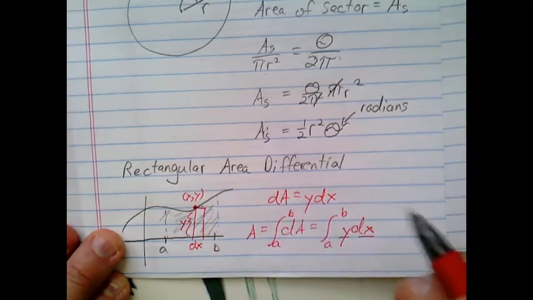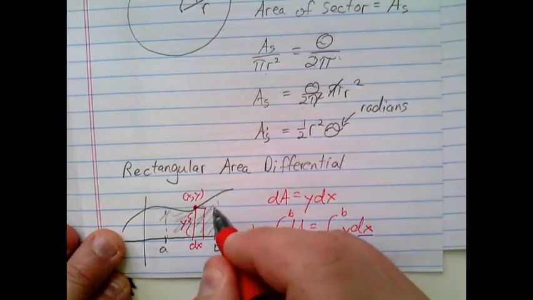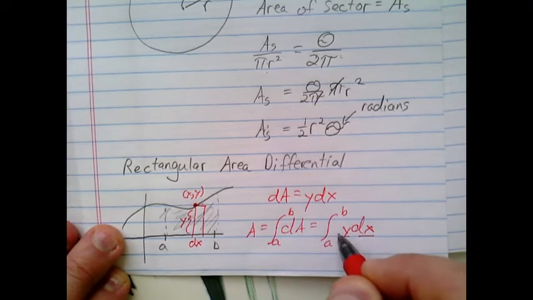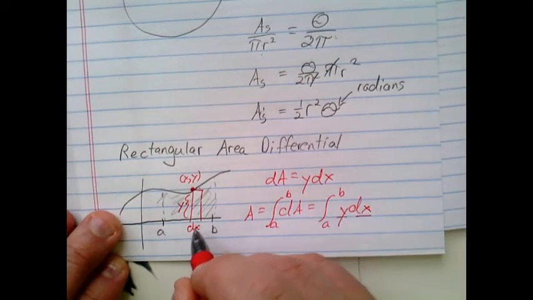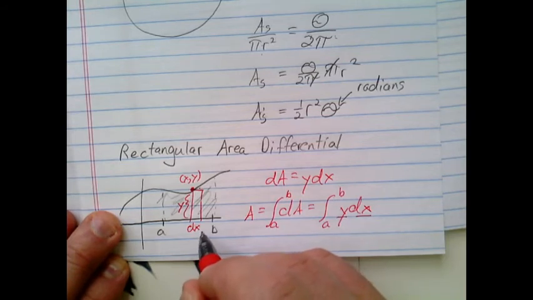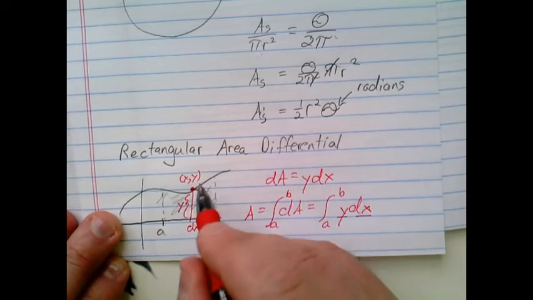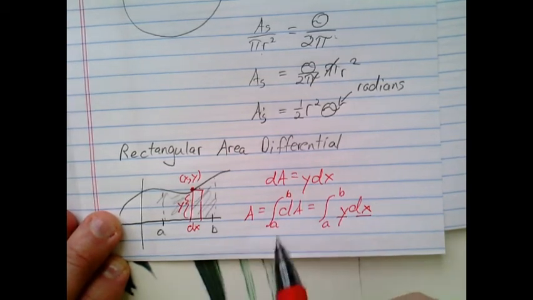It could underlap a little bit or overlap a little bit, and it didn't really matter because when we take the integral, we're going to take the limit as the dx differential goes to 0, which means we're going to have a bunch of really thin rectangles, and these little gaps will disappear.